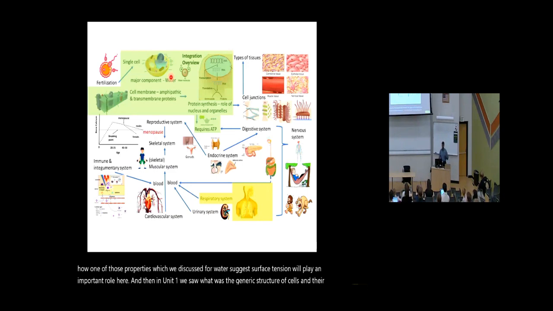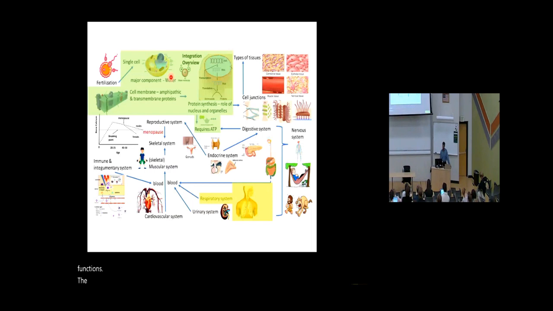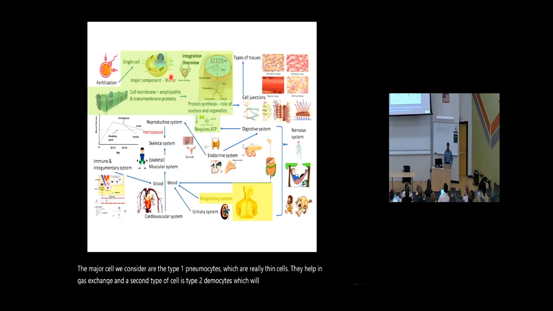Here we look at different types of cells and how they all have unique functions. The major cells we'll consider are the type 1 pneumocytes, which are really thin cells. They help in gas exchange. And a second type of cell is type 2 pneumocytes, which will produce surfactants, and it is that surfactant which will help reduce the surface tension in the alveoli of the lungs.